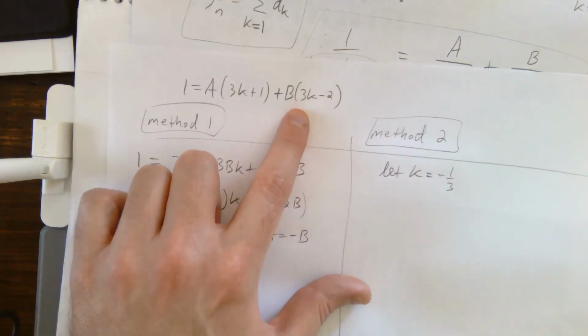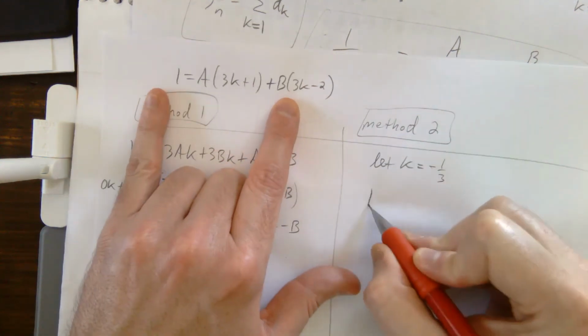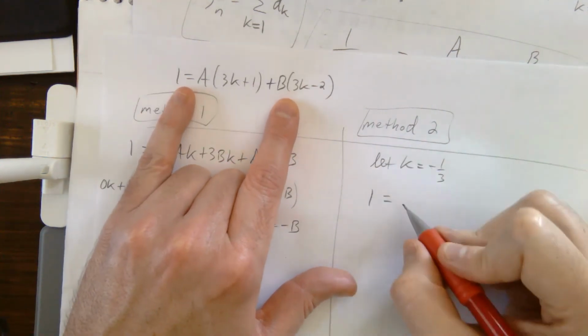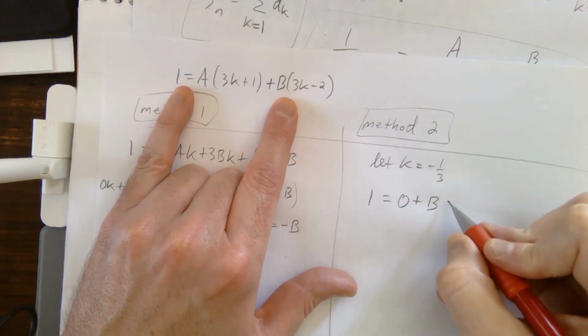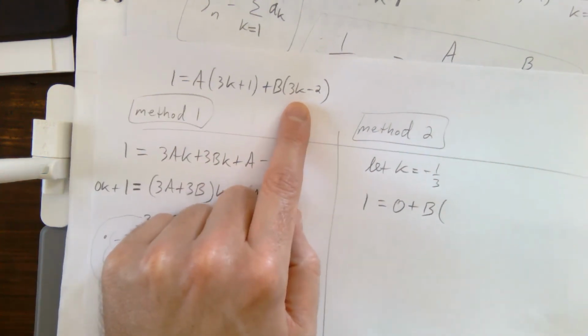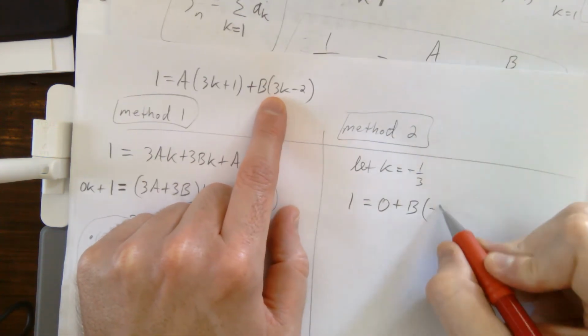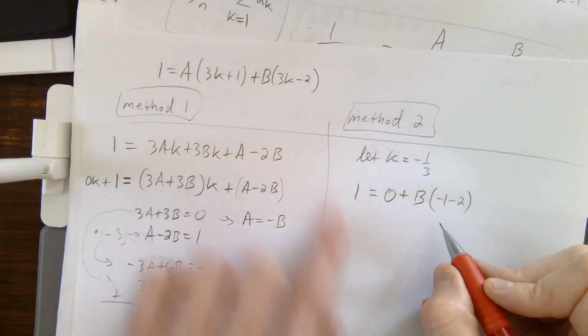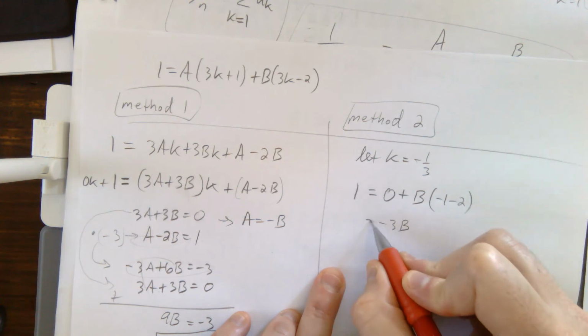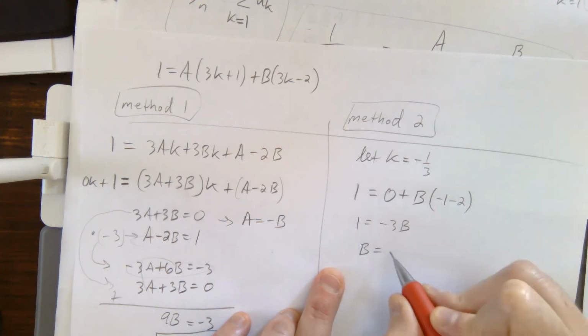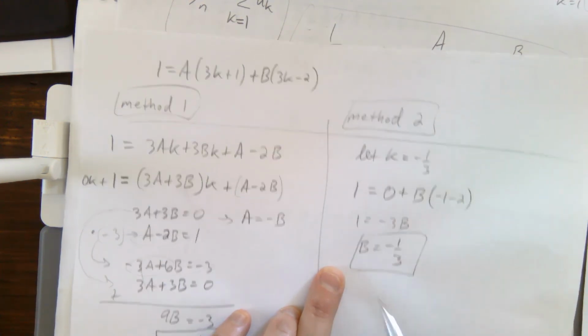That goes away. Now we'd have 1 equals 0 plus b times 3 times -1/3 is -1, minus 2. So we get -3b, which means b equals, divide by -3, hopefully the same thing.